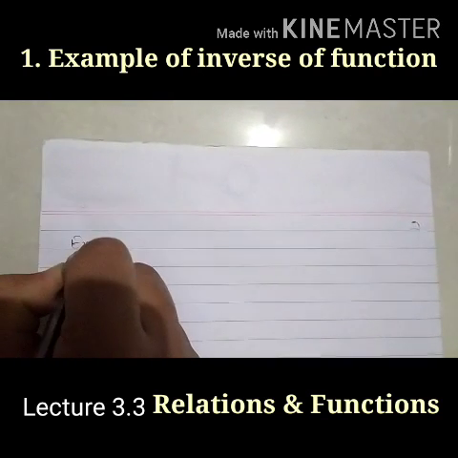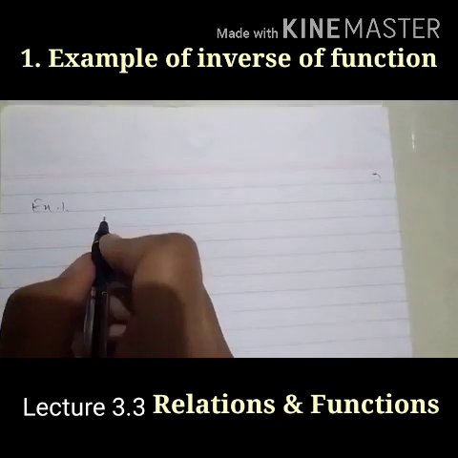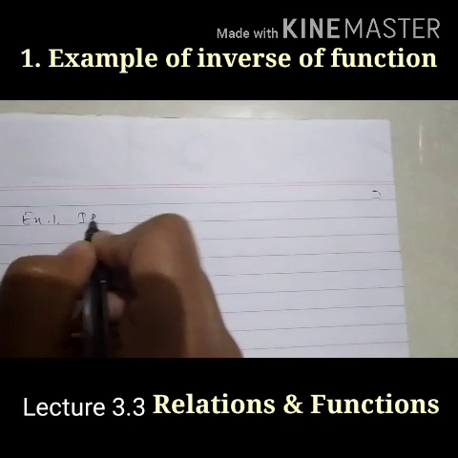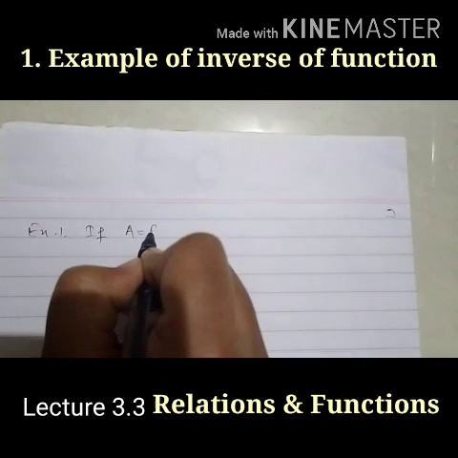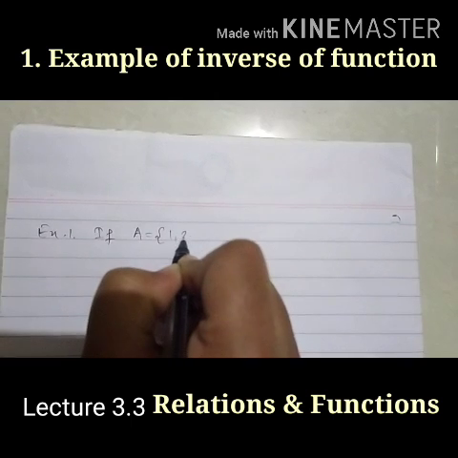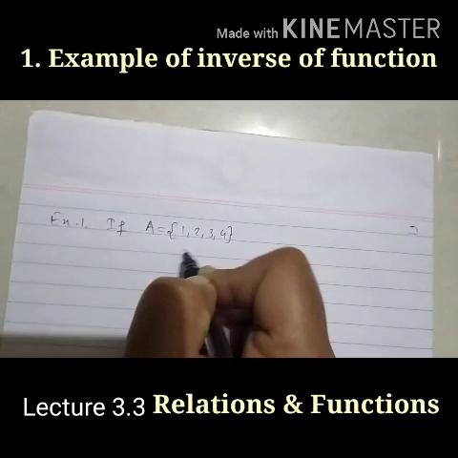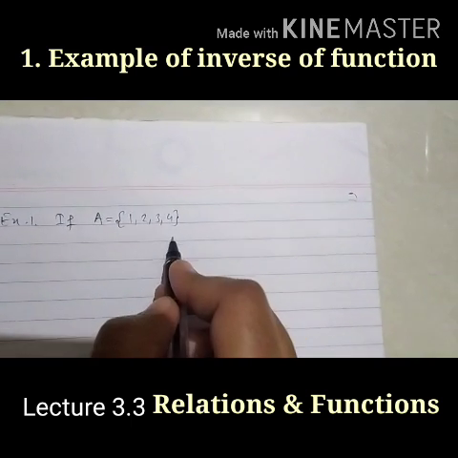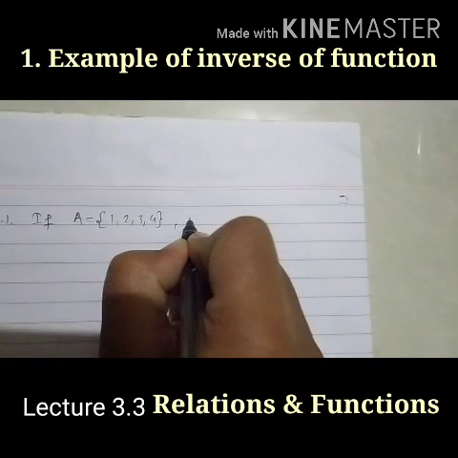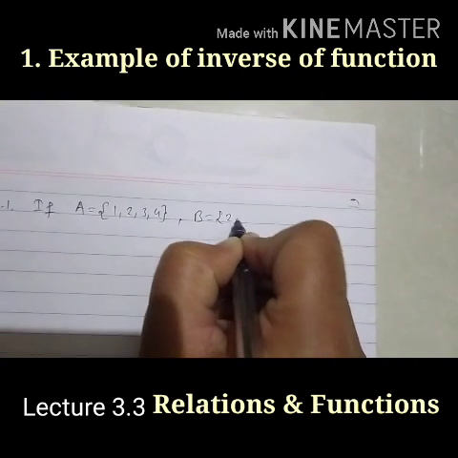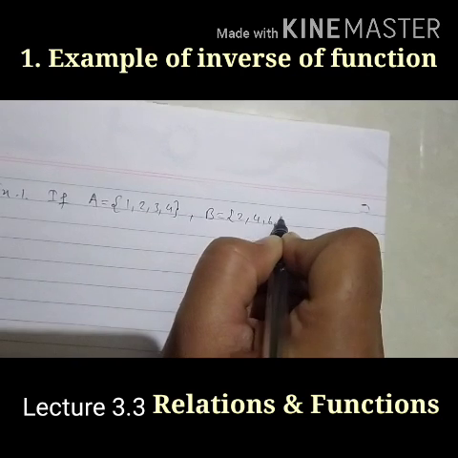Example 1. If A equals 1, 2, 3, 4. Set A is having 4 elements. Then set B equals 2, 4, 6 and 8.